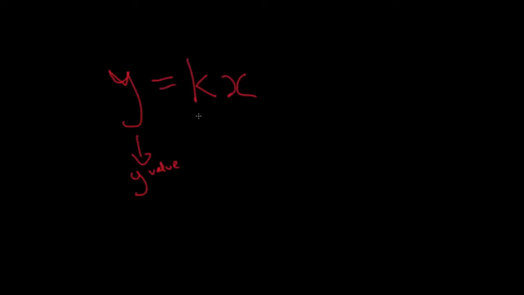Again, y is going to be your y value as usual, and x is going to be your x value, the same as everything else we've covered so far. And k is the only thing that changes. It's going to be your constant of variation.